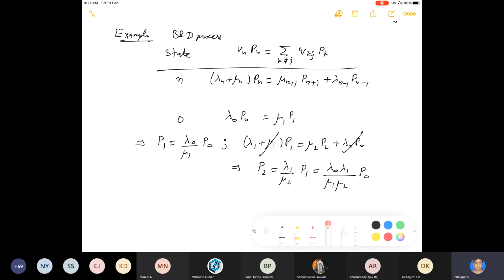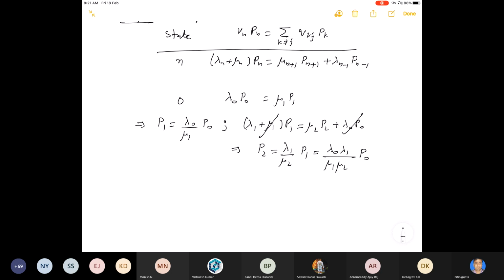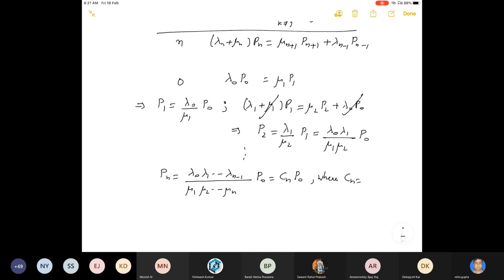In the same fashion, so on, we will get pn is equal to lambda naught lambda 1 up to lambda n minus 1 upon mu 1 mu 2 up to mu n p naught, which is cn p naught, where cn is lambda naught lambda 1 up to lambda n minus 1 upon mu 1 mu 2 up to mu n. So pn is equal to cn p naught.